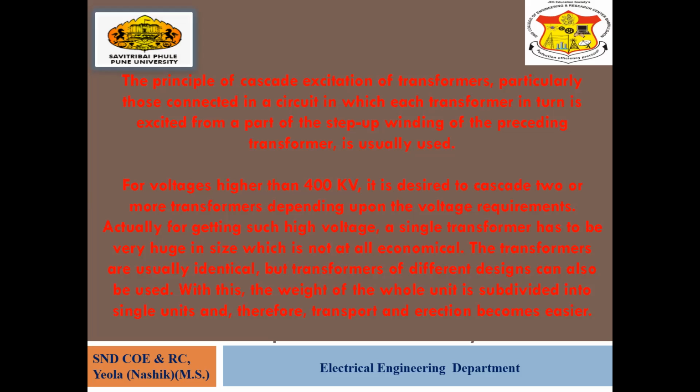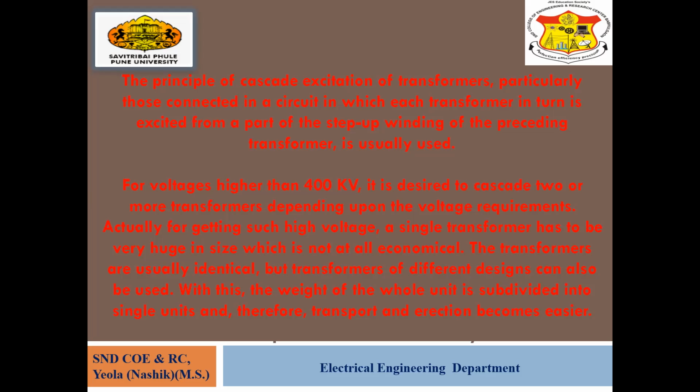Transformers are usually identical, but transformers of different design can also be used. With this, the weight of the whole unit is subdivided into single units, and transport and erection become easier. The transformer is not manufactured at the place where it is used.